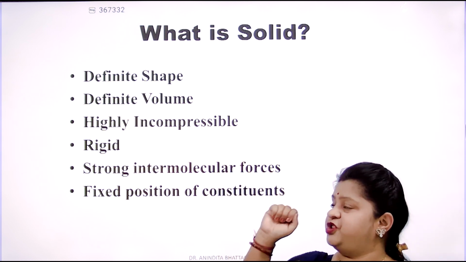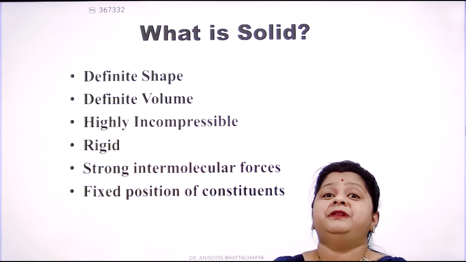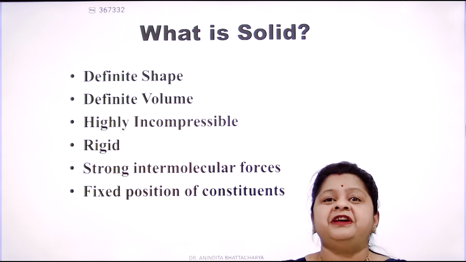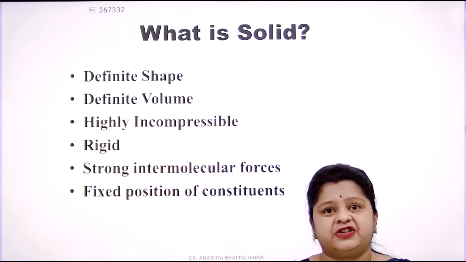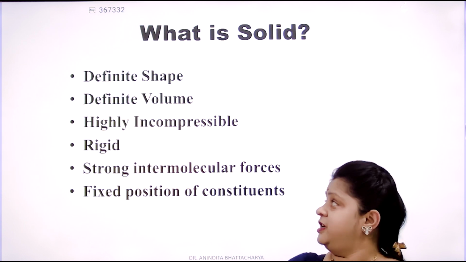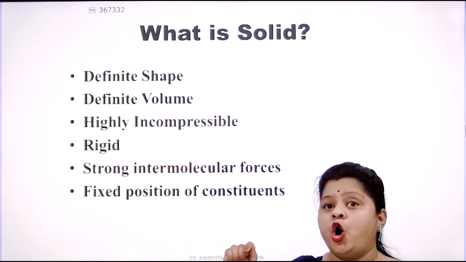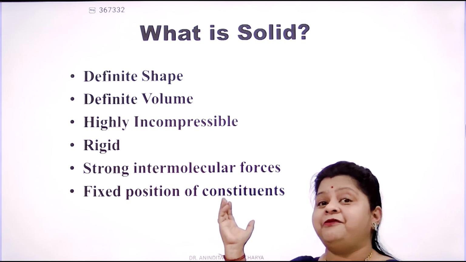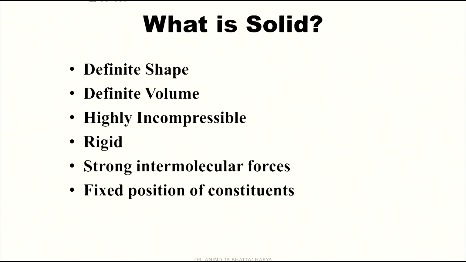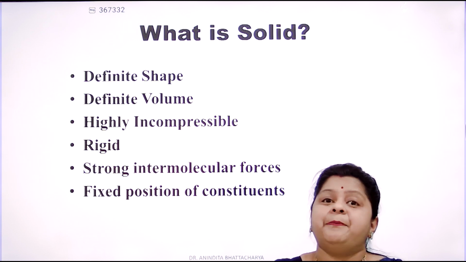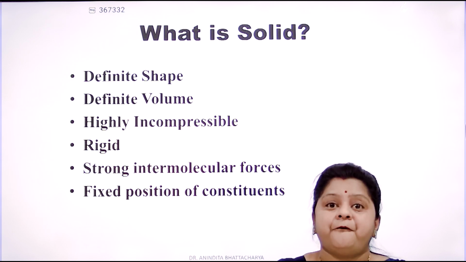Solids have a definite shape, definite volume, and are highly incompressible because of strong intermolecular forces. They are rigid again because of those forces. All constituent particles have fixed positions because they are very close to each other. They cannot move, and that is the reason their positions are fixed.